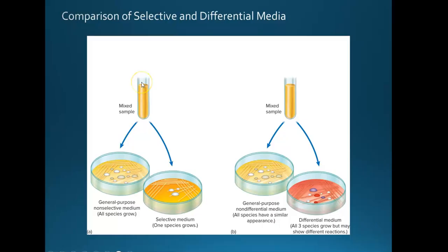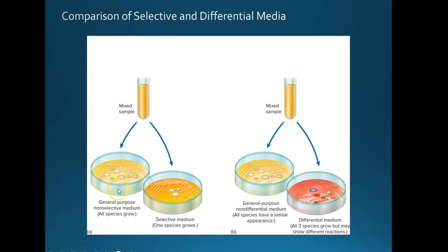So here's an example where we've got some broth tubes, and it says it's a mixed sample. So we have a couple of different microorganisms growing in our broth tube. We're going to take an inoculum from this broth and plate it out onto our solid media.